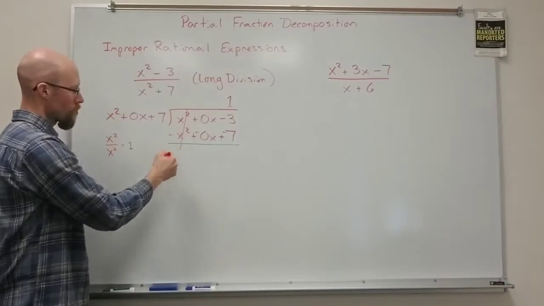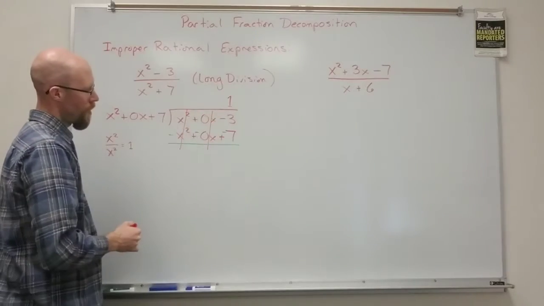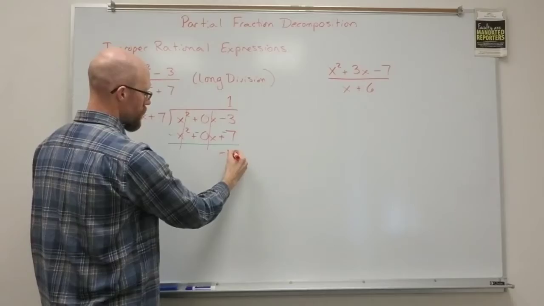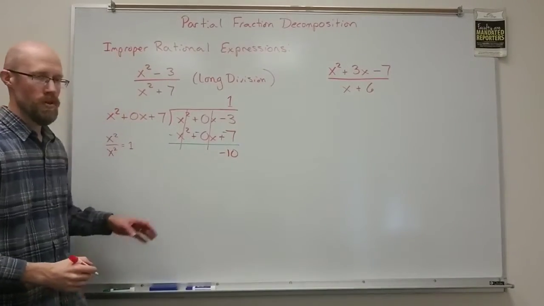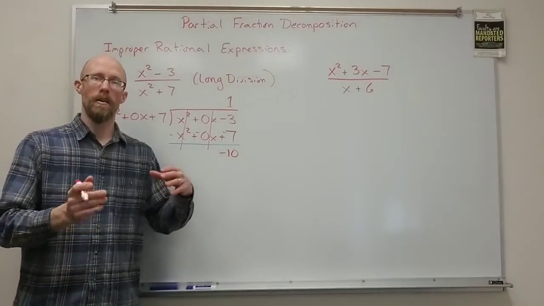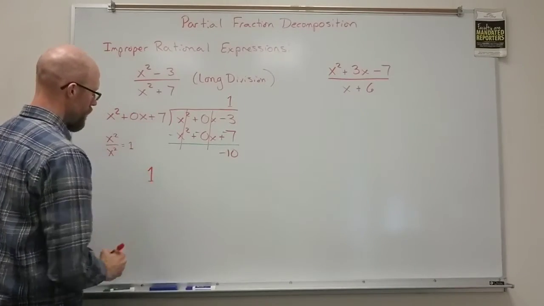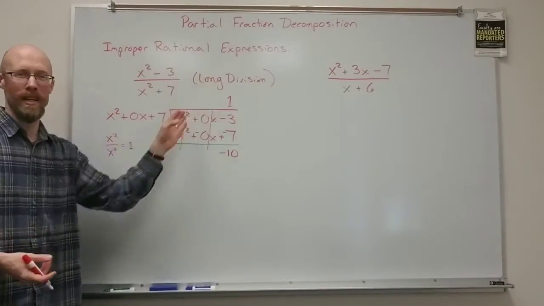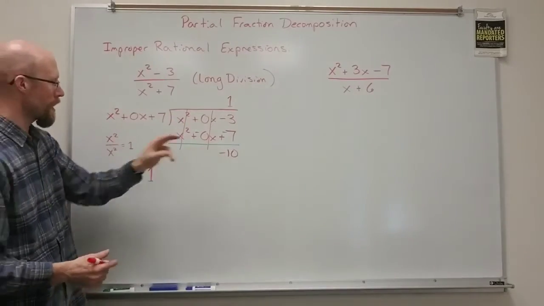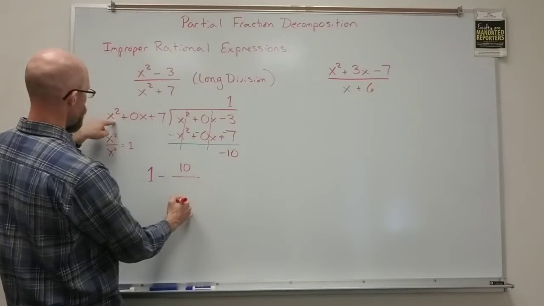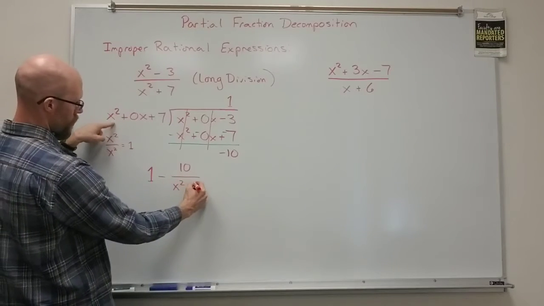So the x squareds will drop off, the x's will drop off here, and negative 3 minus 7 is negative 10. And so the resulting polynomial and proper rational expression are going to be 1, that's your polynomial, not much of a polynomial, it is a monomial though technically, minus 10 over the original divisor, which is x squared plus 7.